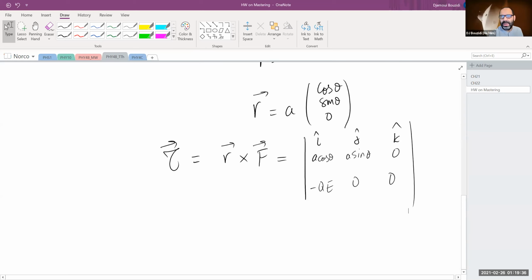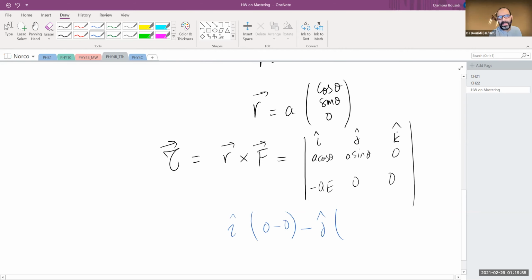Okay, to find the i component, I have to find this determinant. I have to multiply A sine theta by 0 and then multiply 0 by 0. So the i component is equal to 0 minus 0. Minus j hat, because it's plus, minus, plus, and so on, okay?